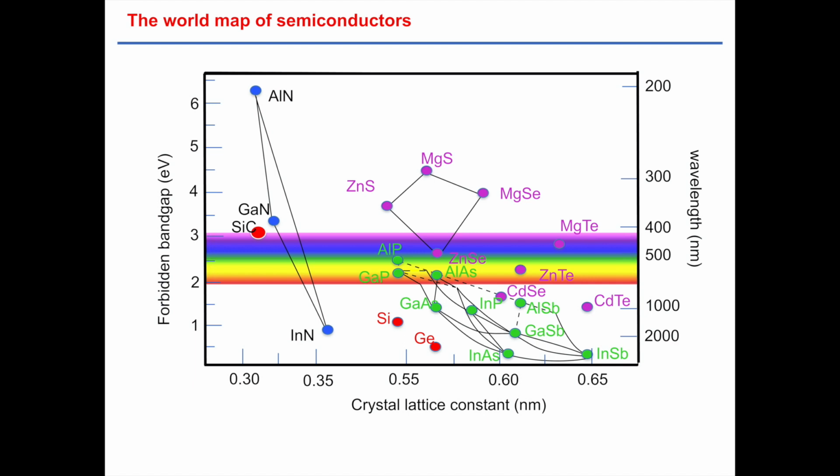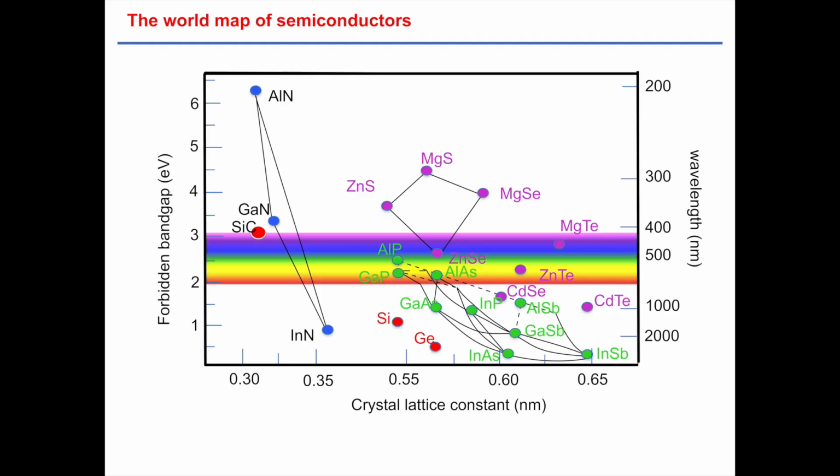To get visible emission, we have to mix the materials, so actually we mix gallium nitride and indium nitride. This will give us an alloy of indium gallium nitride, where we have variable concentrations of indium in gallium nitride, and due to the fact that we have this alloy, we can span all the colors of the visible.